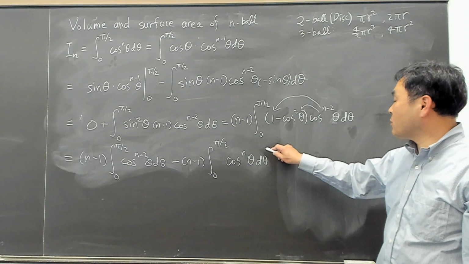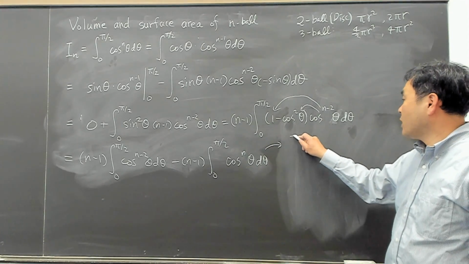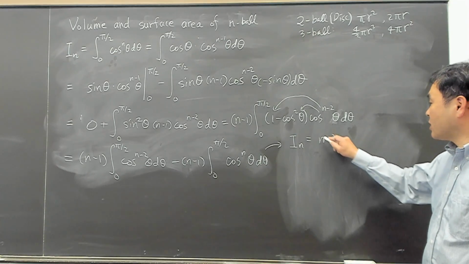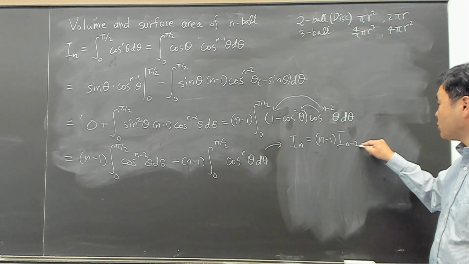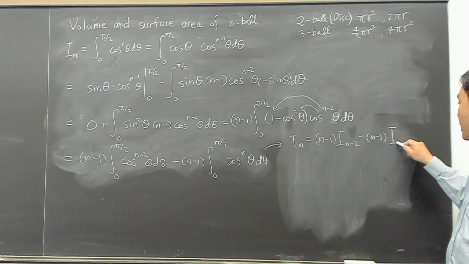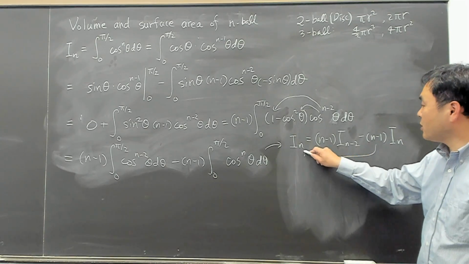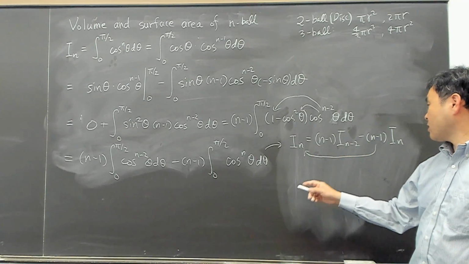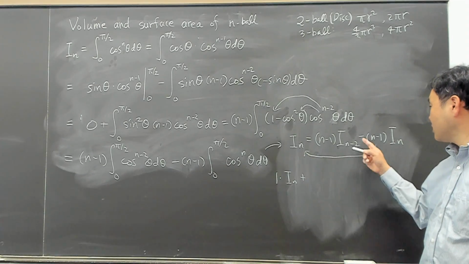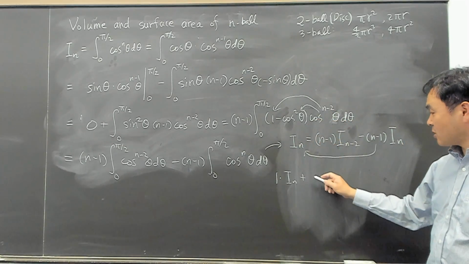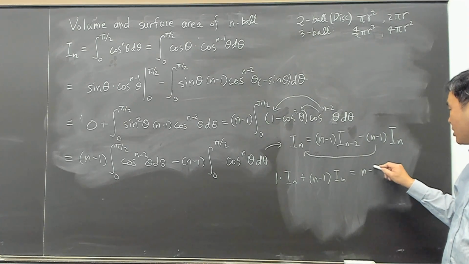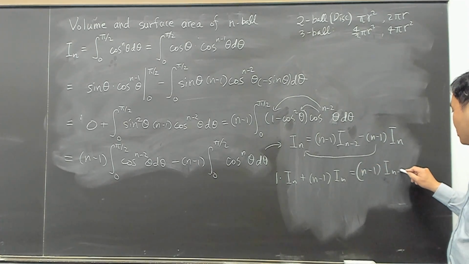So let's see what we get here. We just showed that I n is the same as n minus 1 times I sub n minus 2, and then minus n minus 1 times I sub n. Bring this over here so that you get 1 times I n plus n minus 1 I n, since minus becomes plus if you go to the other side, equals n minus 1 I n minus 2.